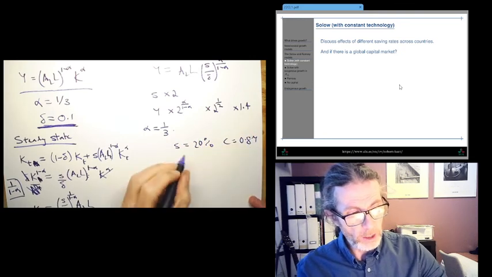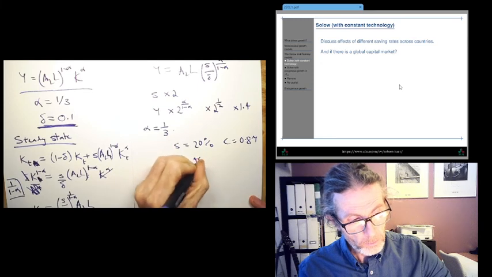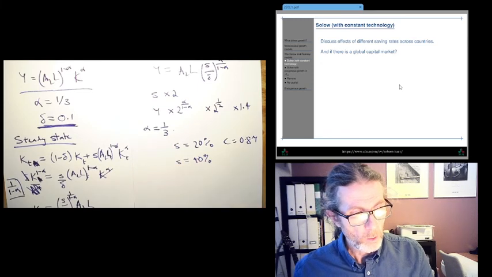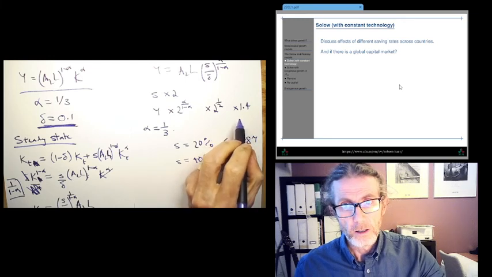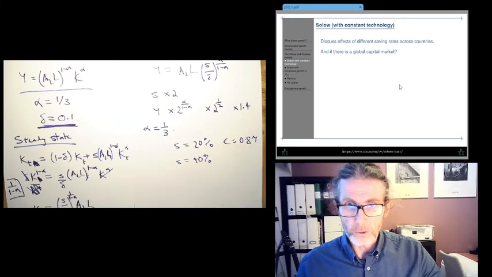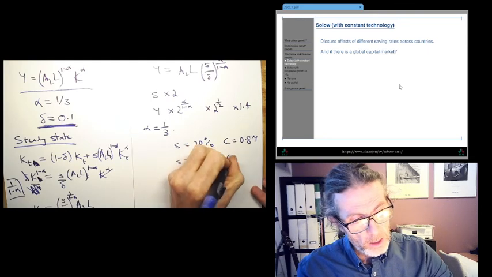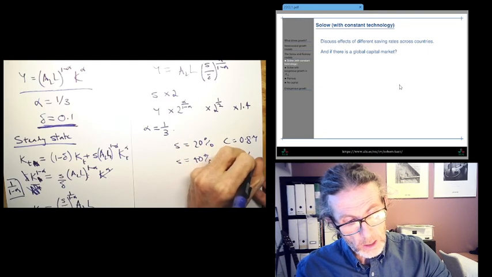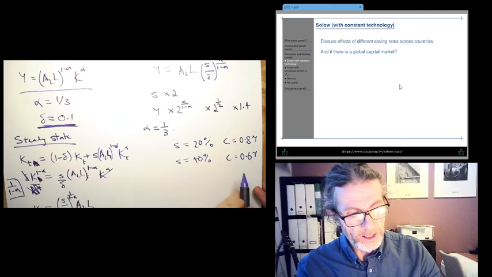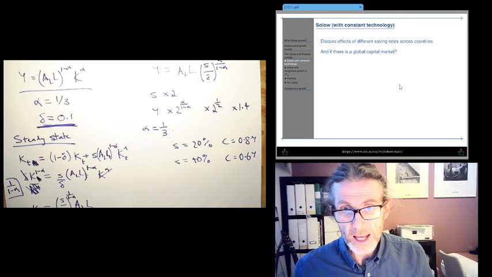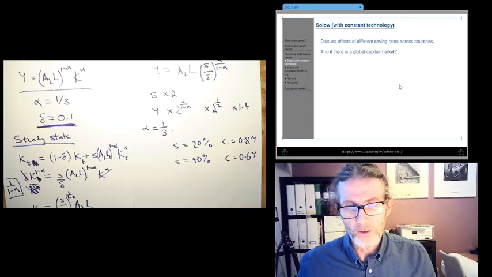If we double S, make it 40%, we will multiply Y by 1.4 in the long run. In the short run, not much happens. And we'll multiply consumption by 0.6 over 0.8 times 1.4. We'll hardly get any more consumption.